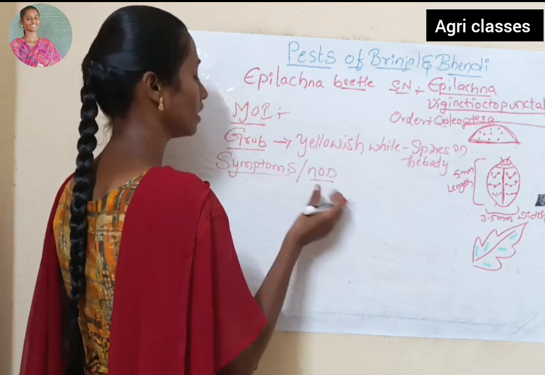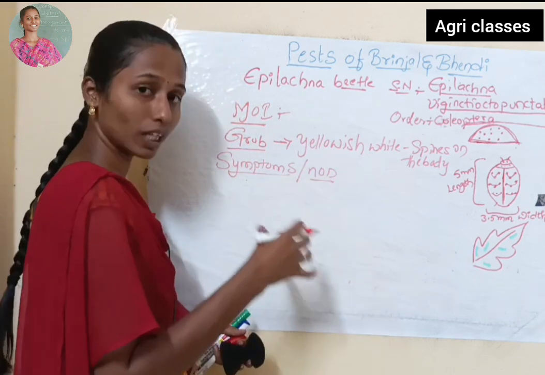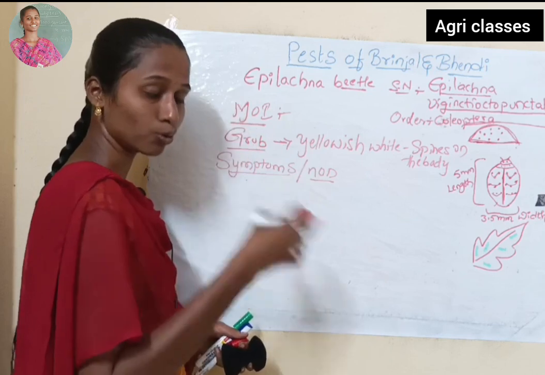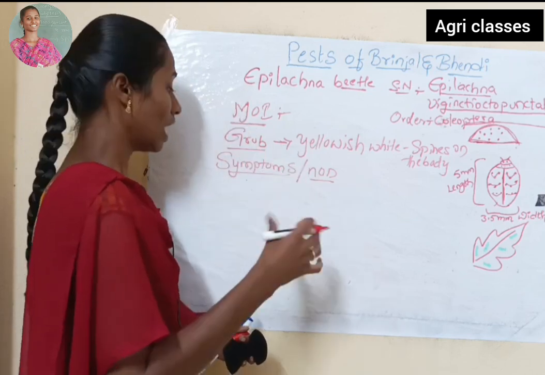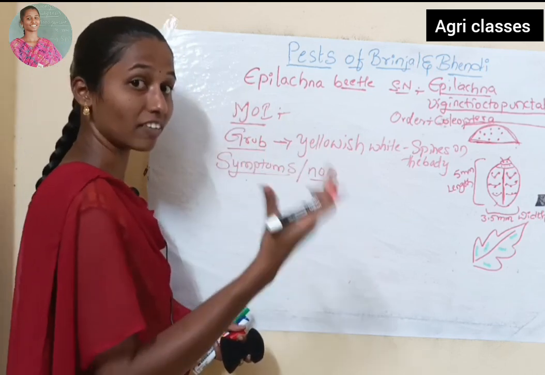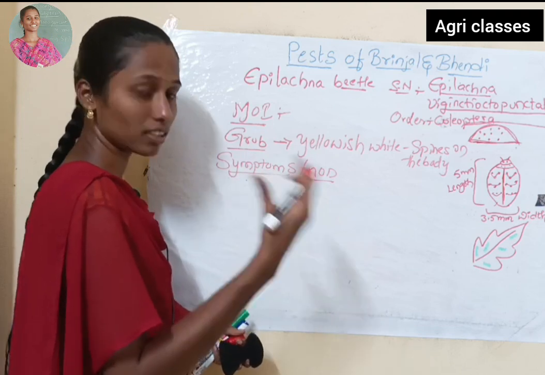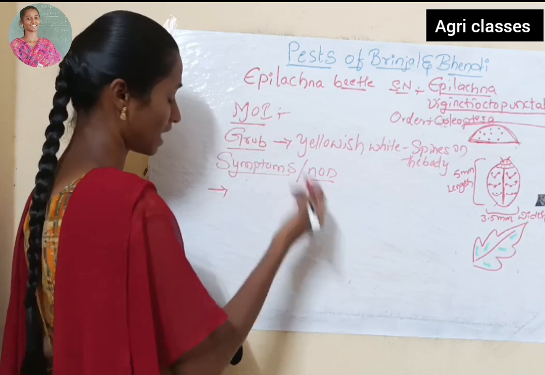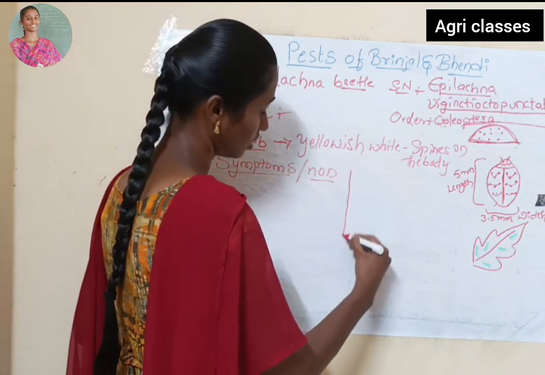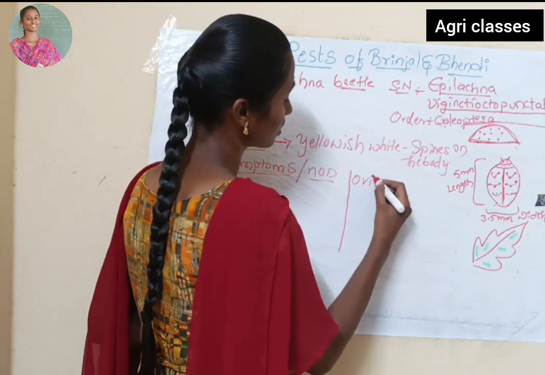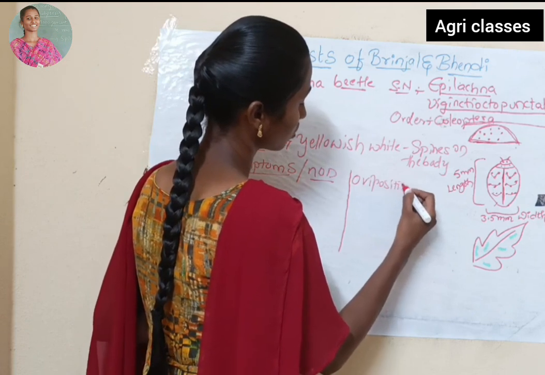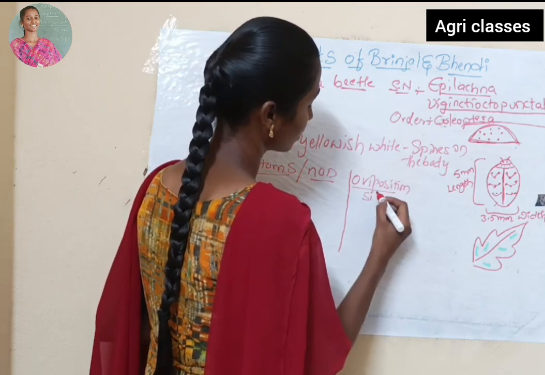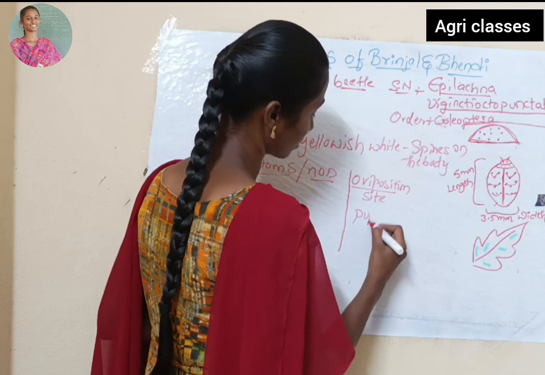Symptoms are different, nature is different. Nature, how it will enter into the fruit or either a leaf, and symptoms, what are the effects after the damage, that are symptoms. So here in nature of damage, first of all, after hatching. So here I will tell oviposition site and pupation site.